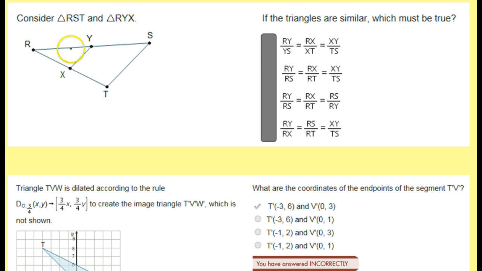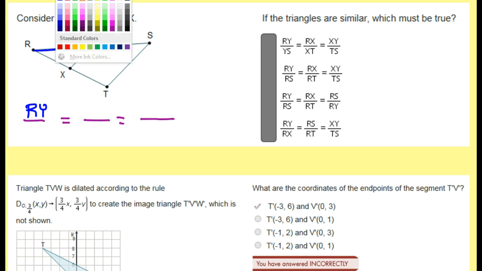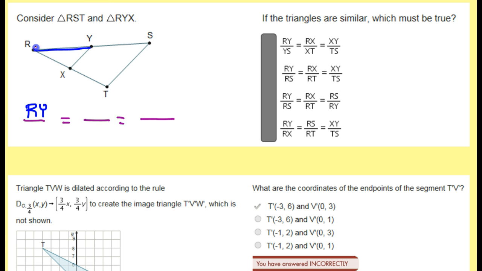In the small triangle, we have RY. Maybe I'll use this line to separate it all out. So in the bigger triangle, that would correspond to RS. So RY over RS.